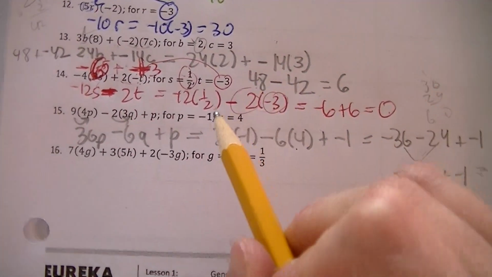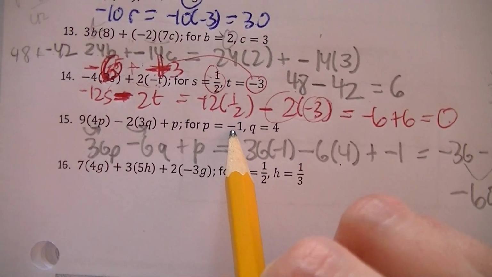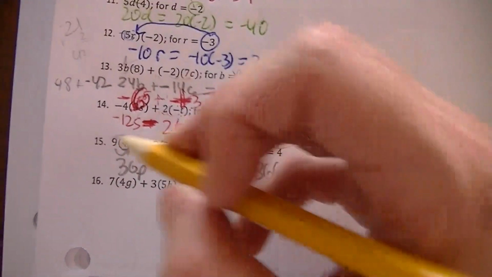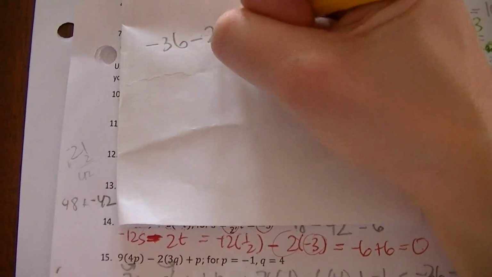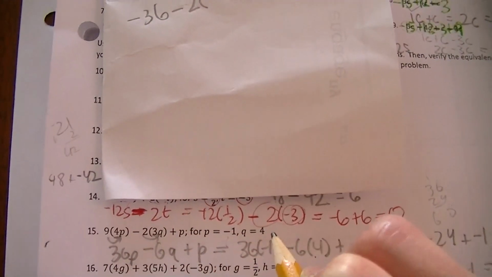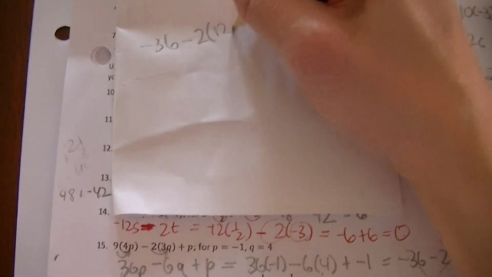Okay, let's see here. Plug that in. Negative 1 times that. So 9 times negative 4 is negative 36. Okay. Minus 2 times 3 times q is 4. 3 times 4 is 12.